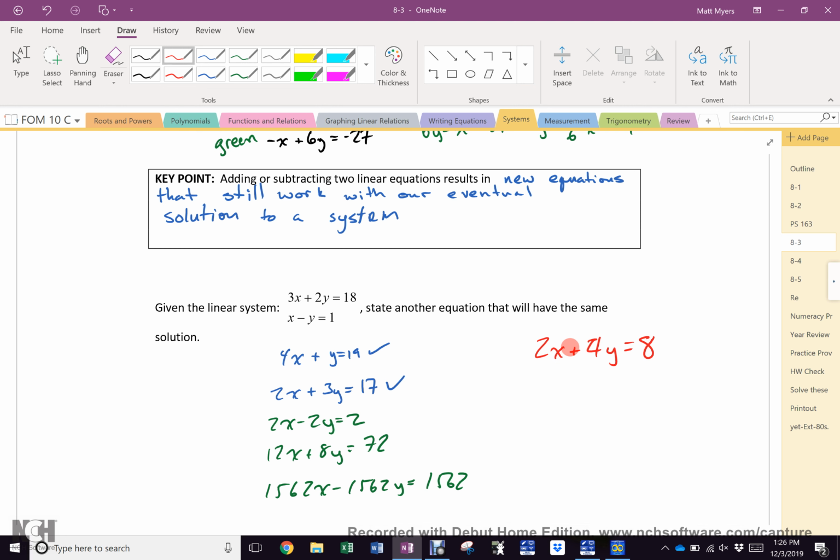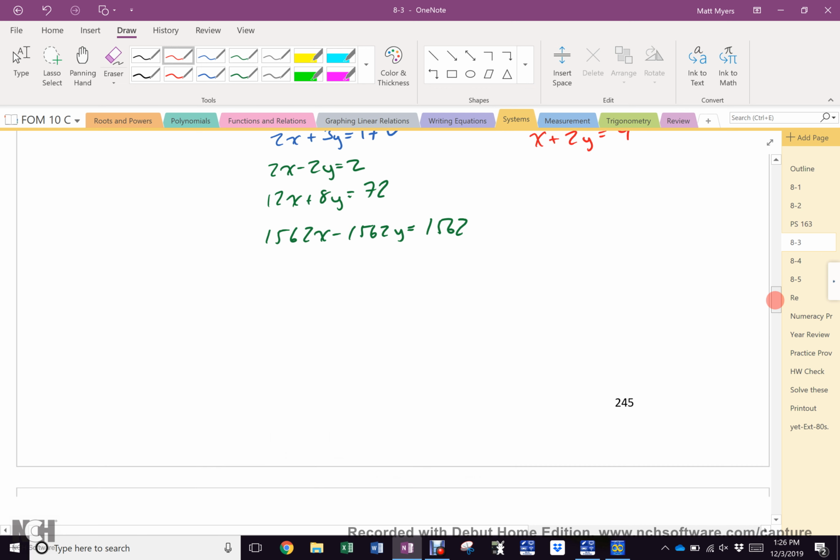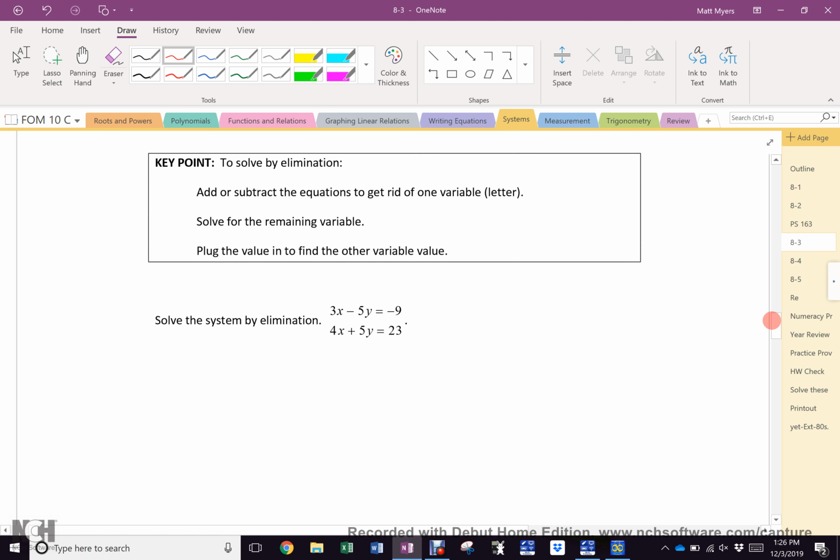Gersahill. You could also divide to get x plus 2y equals 4. Because multiplying is the same as dividing. Dividing is just multiplying by a fraction. Right? You guys, I'm so proud of you.